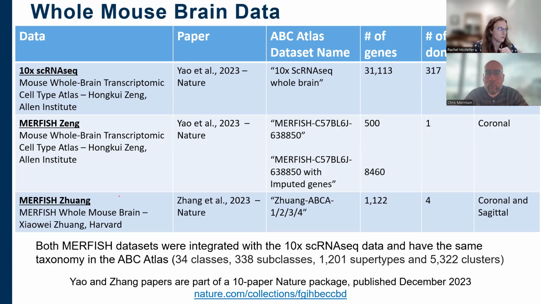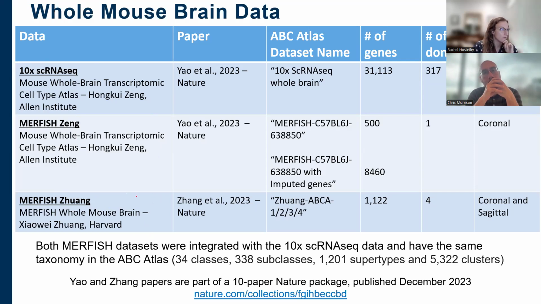That's also true for the MERFISH data from the Zhang et al. paper, because these 2 MERFISH data sets were both integrated into the single cell data set. So any label you see for any class, subclass, or cell type is consistent and has the same meaning across these 3 types of data because they were all integrated together.